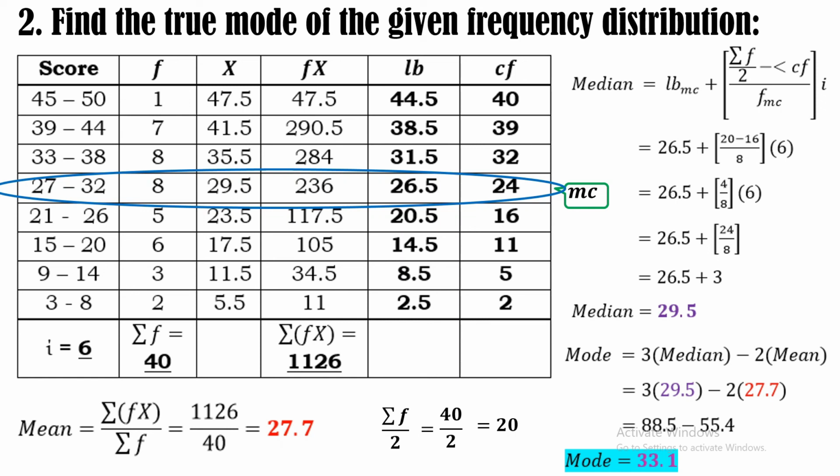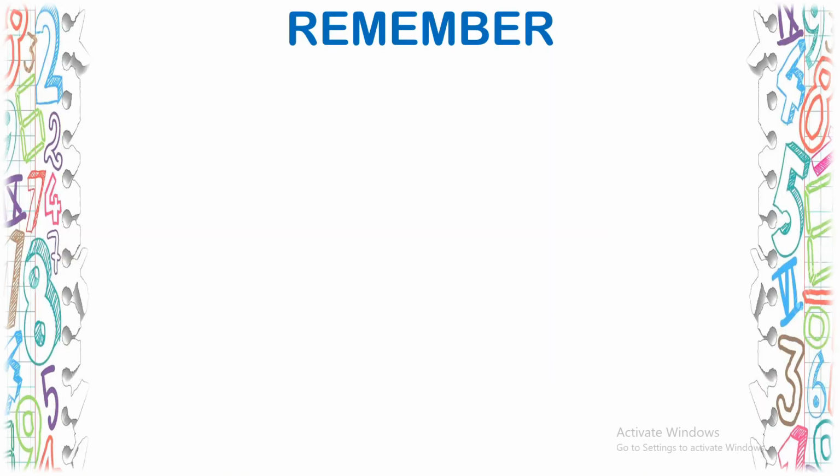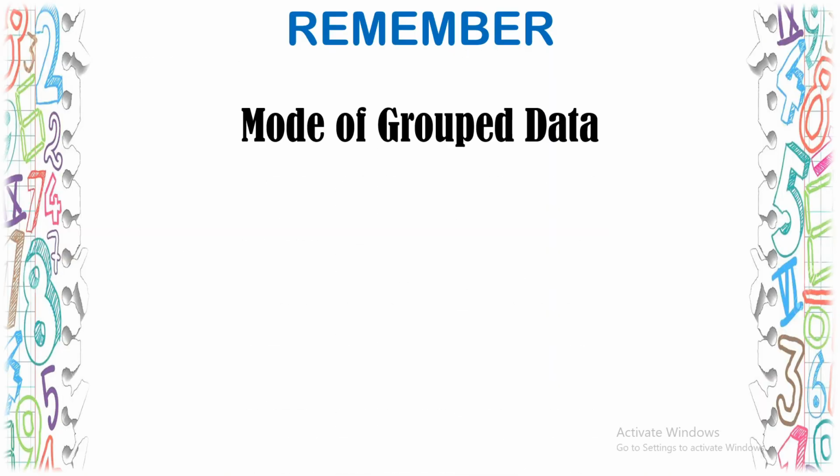Now, before we end this video, remember that there are two types of mode of grouped data. First is the crude mode, which is applicable when we want to find the mode of grouped data which is unimodal, or there is only one class interval with the highest frequency.